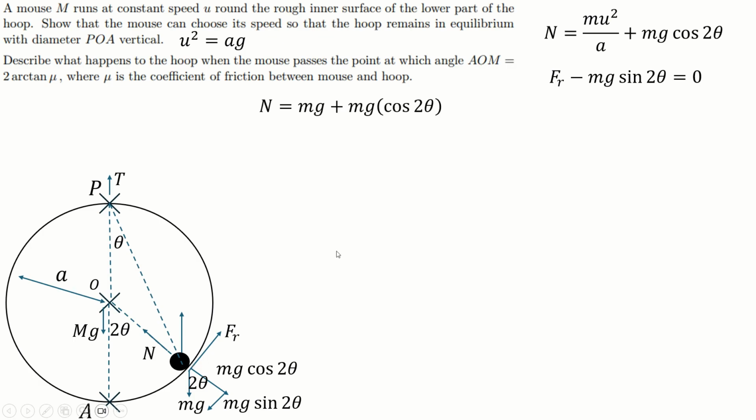So, of course, we have this here. All I've done here is I've replaced u squared with ag, and there's some cancelling, and you get down to here. And, of course, FR I can write as well. But again, there'll be a point where max FR is when we have N times μ.